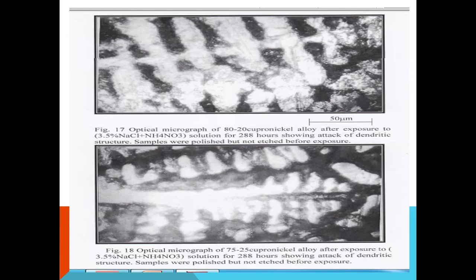Figure 18, optical micrograph of 75-25 copper-nickel alloy after exposure to 3.5% sodium chloride plus NH4NO3 solution for 288 hours, showing attack of dendritic structure. Samples were polished but not etched before exposure.